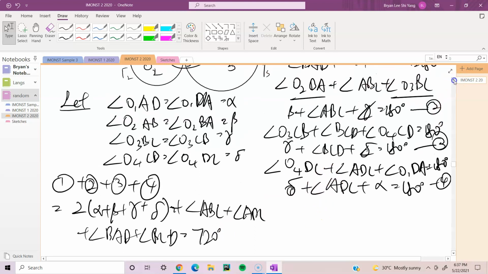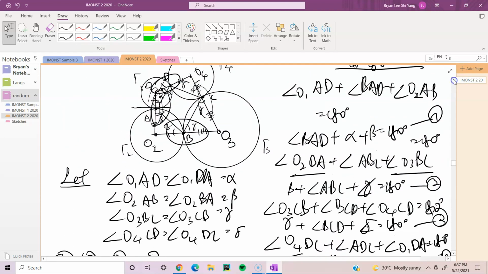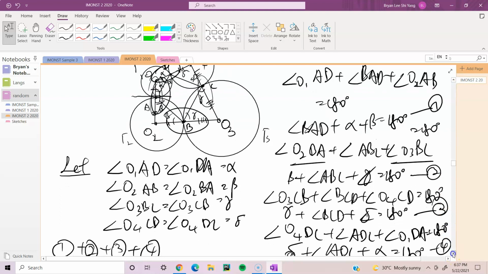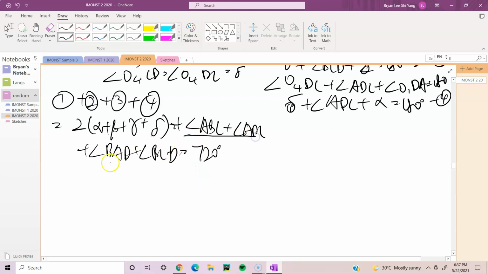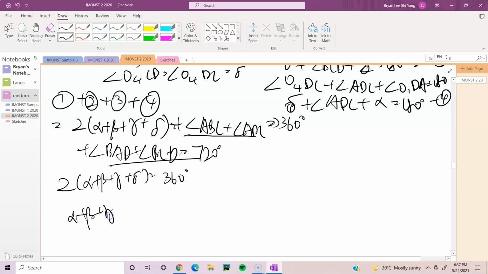And then we note that ABCD itself is a quadrilateral, so all the interior angles must sum up to 360 degrees. So this means that 2 alpha plus beta plus gamma plus delta is 720 minus 360, which will give us 360 degrees. Alpha plus beta plus gamma plus delta is 180 degrees.